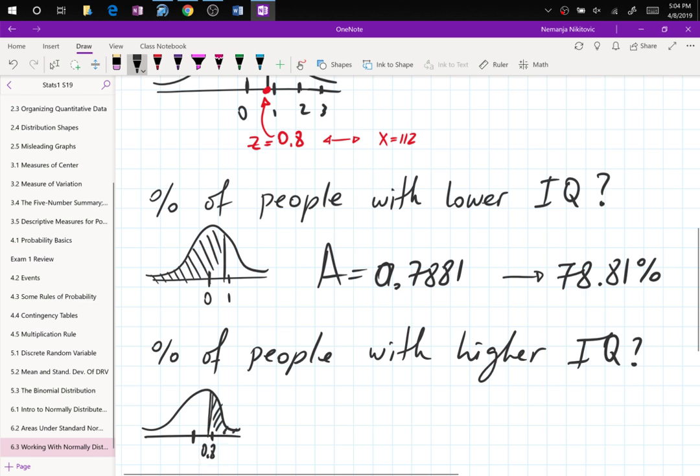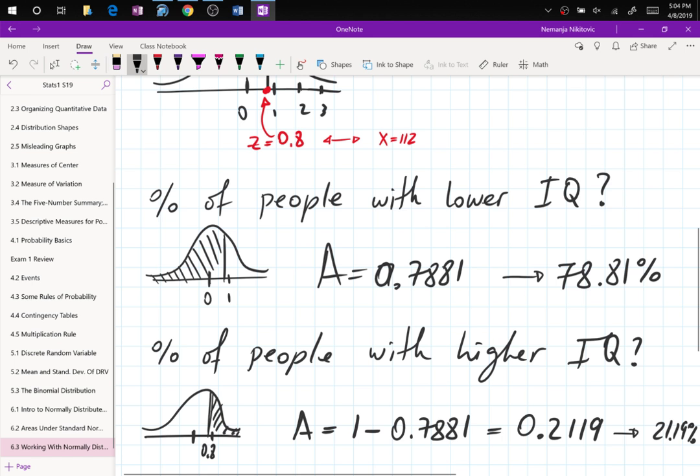So now we're looking at area to the right, which would be 1 minus 0.7881, which is 0.2119. 21.19% of people have higher IQ than 112 in that case.